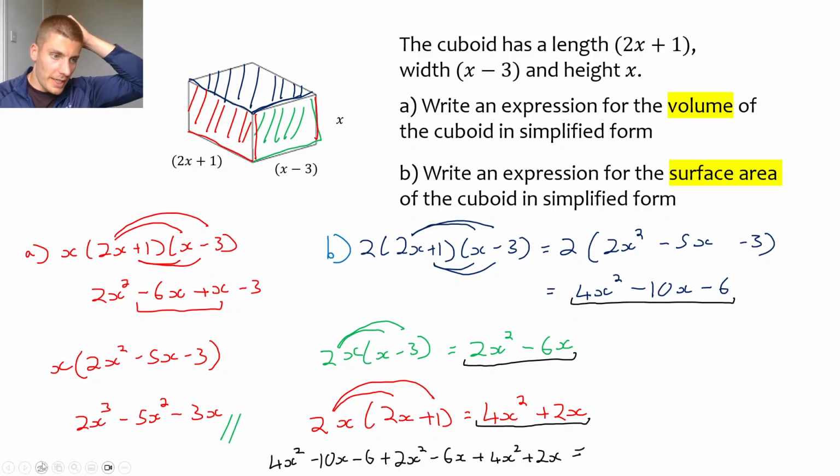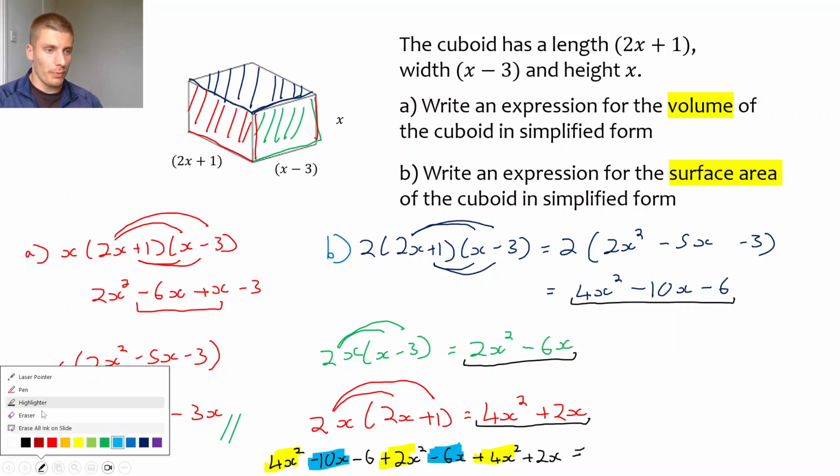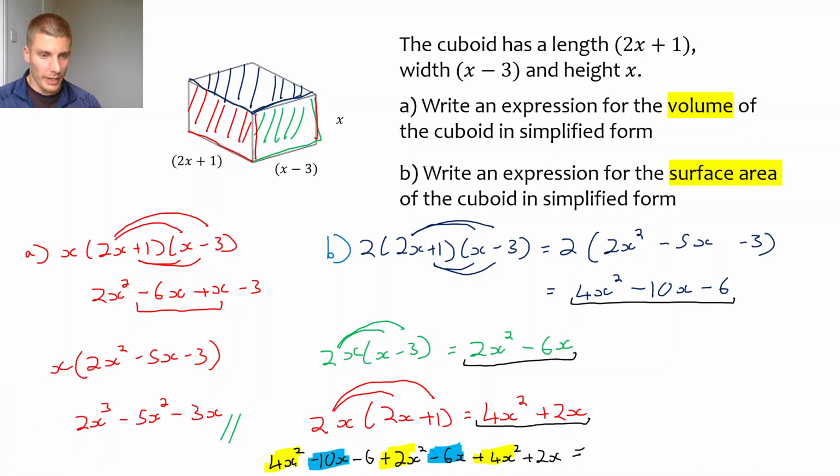If we look at the like terms here, we've got plus 4x squared, plus 2x squared and a plus 4x squared over here. And we've also got a minus 10x, a minus 6x. So overall, 4x squared plus 2x squared plus 4x squared will give you 10x squared.